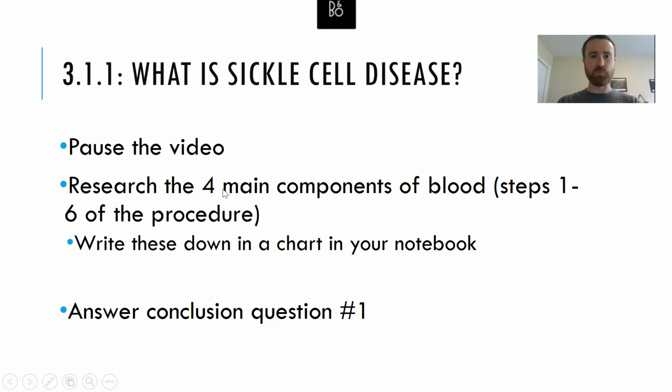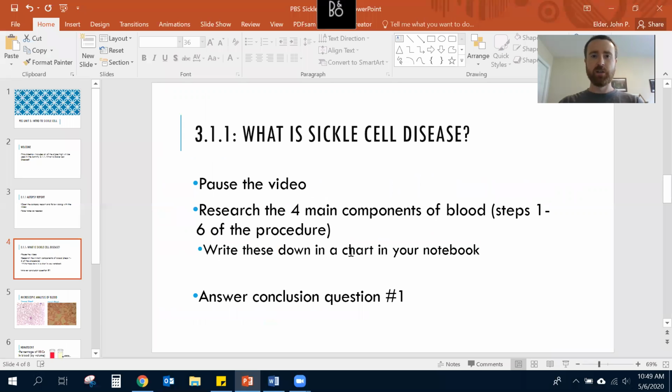Looking at steps 1 through 6, you're going to research the 4 main components of blood. There's a chart in there with their names, so you just need to look those up, write a sentence or two about what each of them does, and you can either type that chart or write it by hand, and then answer conclusion question number 1. So go ahead and pause the video for a moment and do that research.